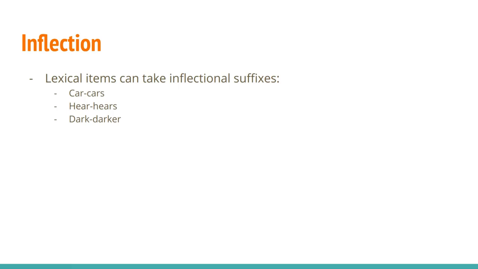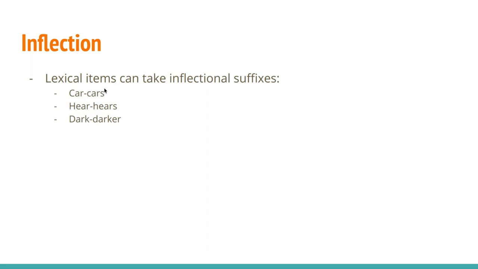Inflectional processes are those processes where we add an inflection, that is to say, an ending, an appendix, to the word, which does not change the meaning nor the category of the word.